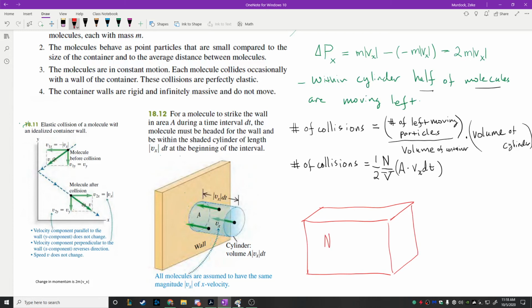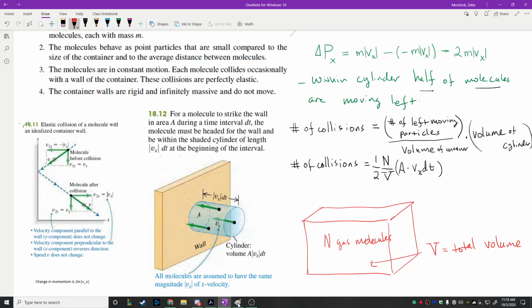Contained within here are N gas molecules, and the total volume is V. If we take the number of gas molecules per unit volume and multiply by the volume of this smaller cylinder right here, we figure out how many there are inside there. And we say half of them are going to collide with the left wall here. So N is the total number of gas molecules in the system.